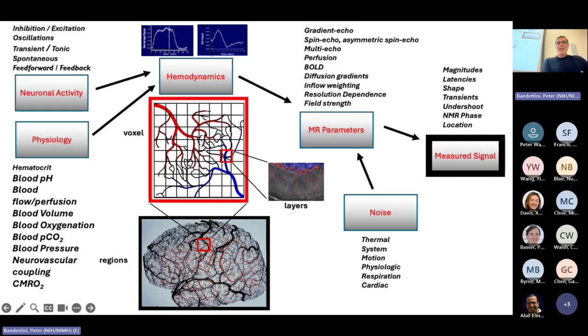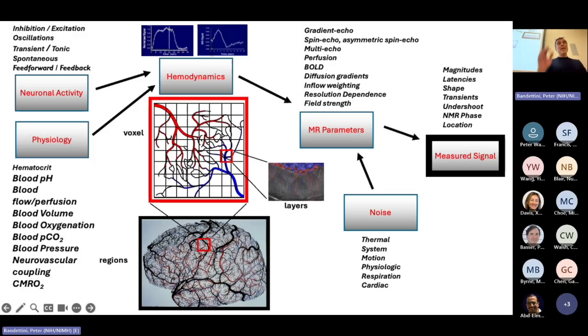Like hematocrit certainly matters, but it doesn't vary enough to really throw off your interpretation. But there's all these different things that can influence the signal. So that's two sides to that. It influences the signal, which could cause you to misinterpret the signal, or could be an opportunity for extracting physiologic information from the signal. So it's a double-edged sword.